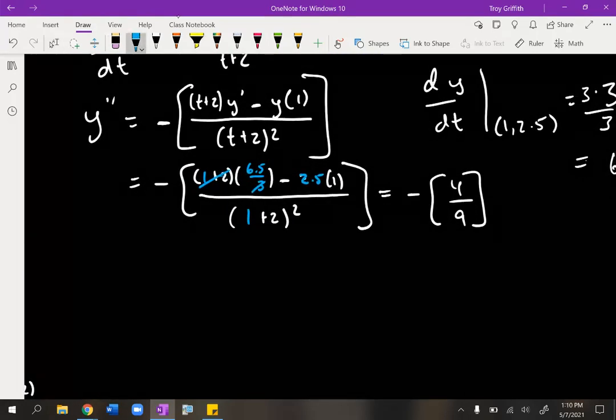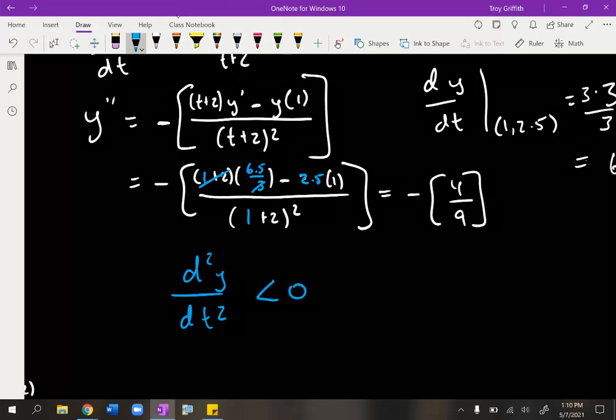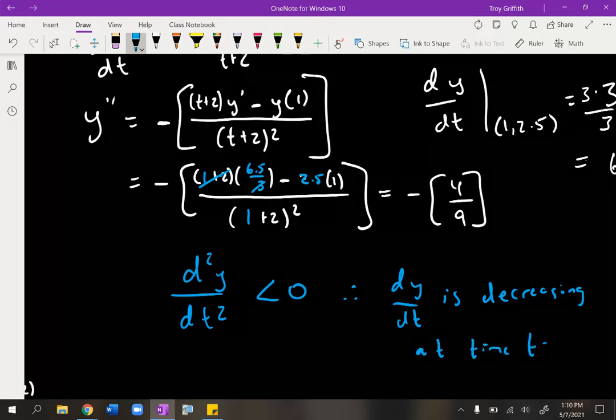So we could say d squared y dt squared, the second derivative, is less than 0. Therefore, dy/dt is decreasing at time t equals 1.